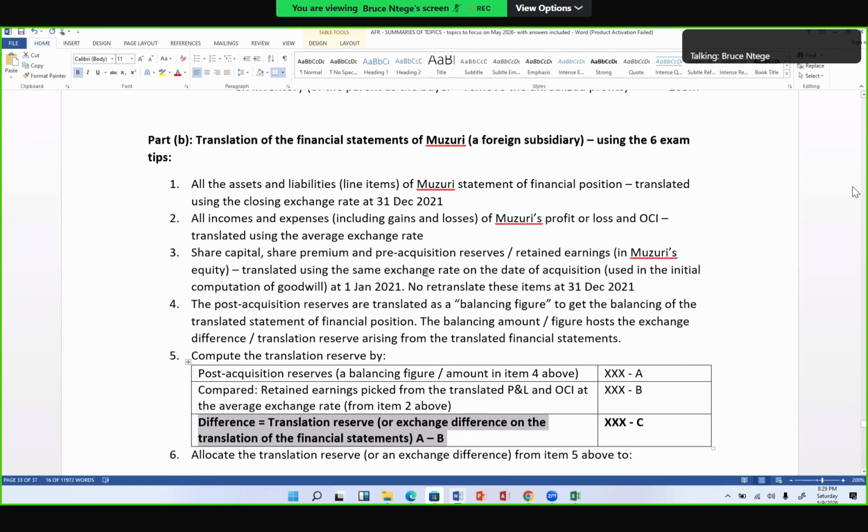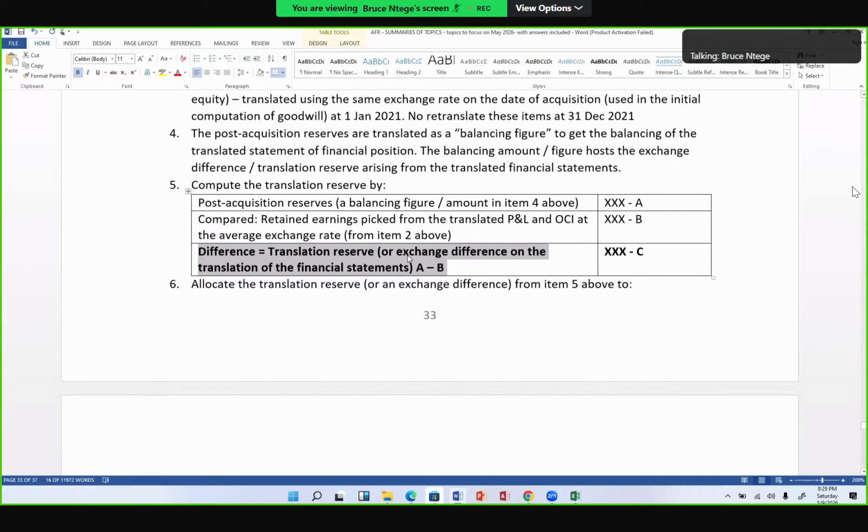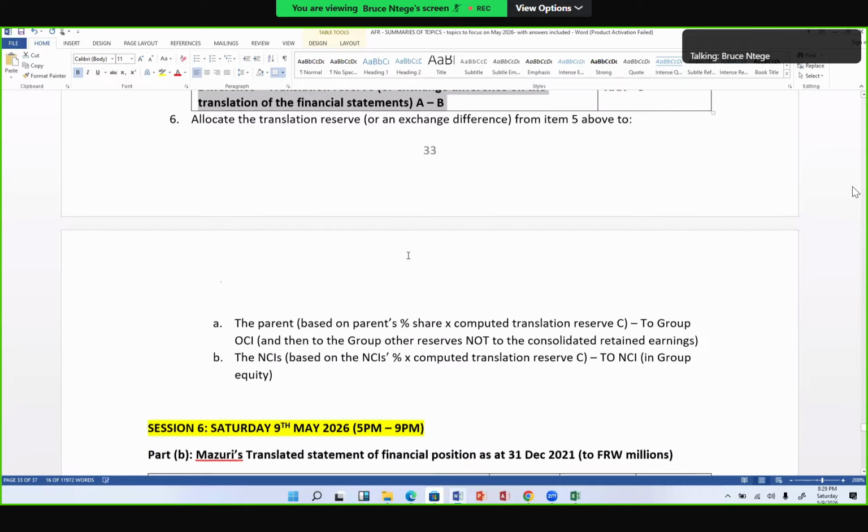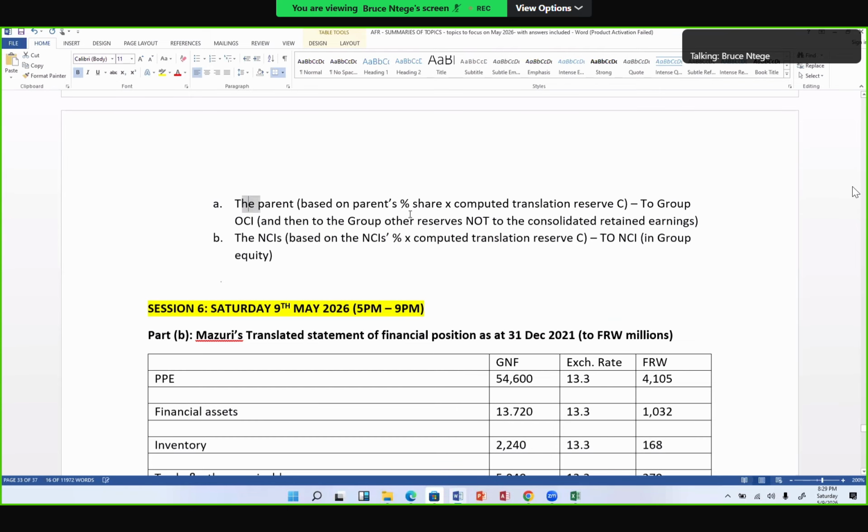Listen, when I did the 6 things, eventually I got that translation reserve, and I was able to allocate it partly to the parent. Whatever I allocate to the parent must go to the other reserves, not to retained earnings, while the other goes to the non-controlling interest. I'm talking to people who have crammed that when I have a working for consolidated retained earnings and non-controlling interest, the two share the same things.